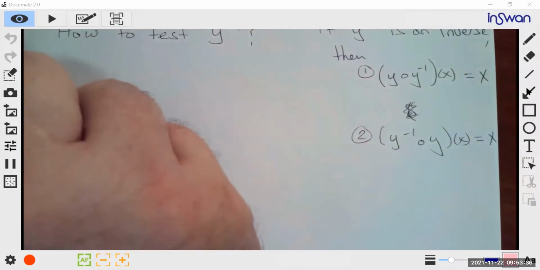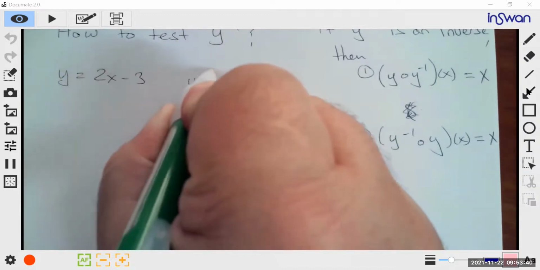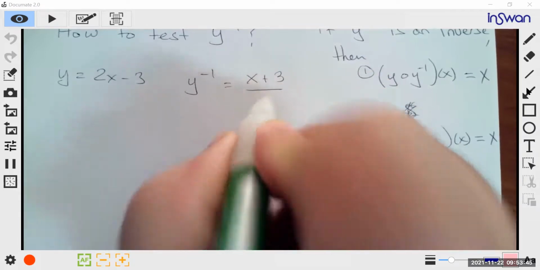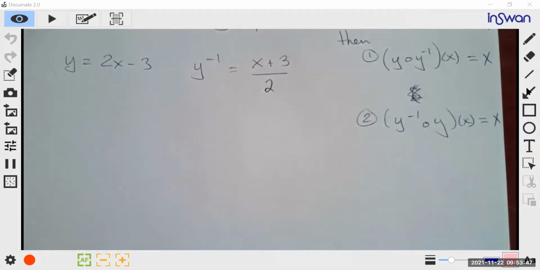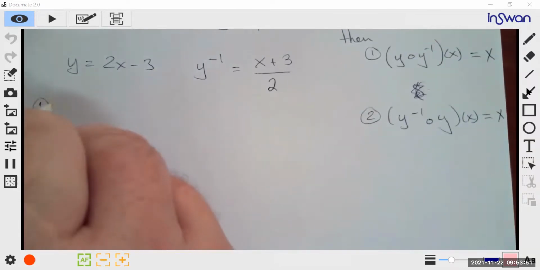All right, so we had our original equation 2x minus 3. We think we found its inverse. We have to perform two tests.